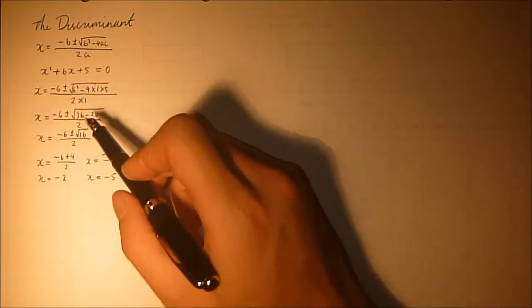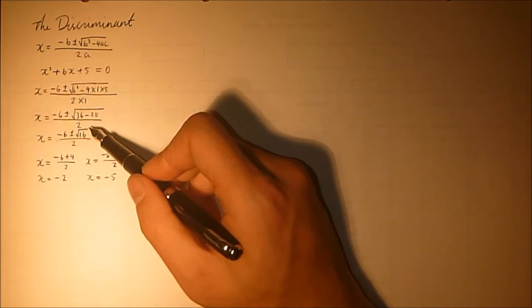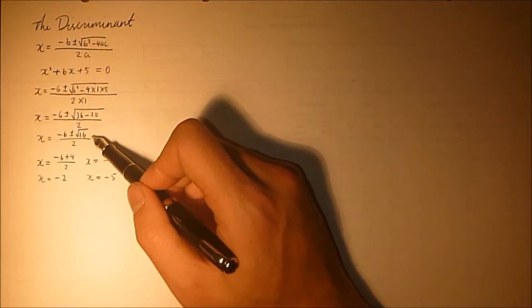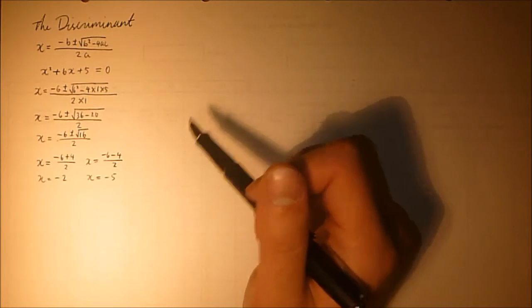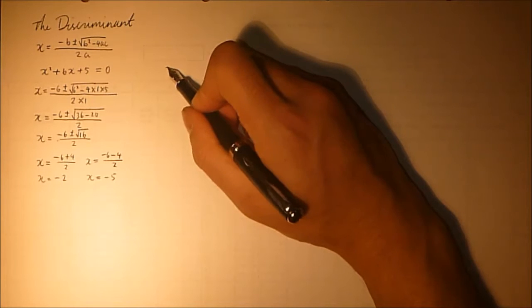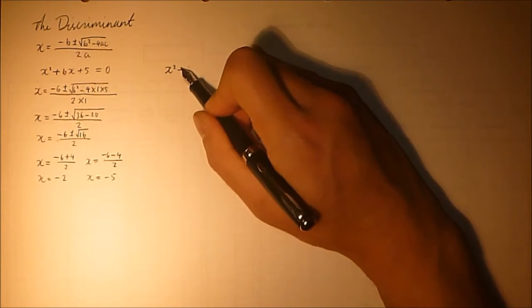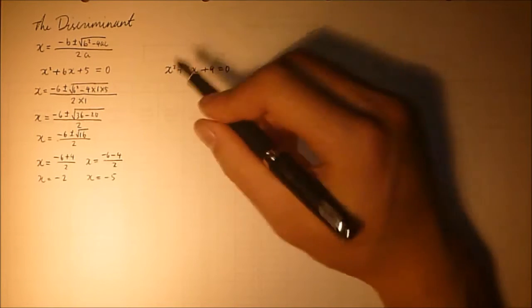So we can say that if whatever's in the radical sign is positive, then we can have two distinct solutions. If we have another example, x squared plus 6x plus 9 equals 0.